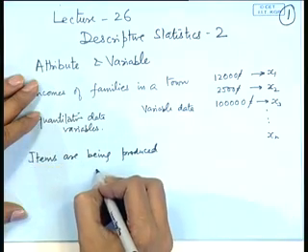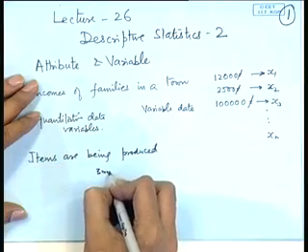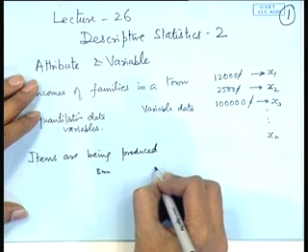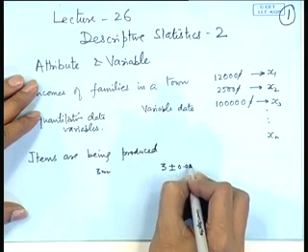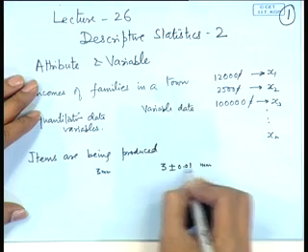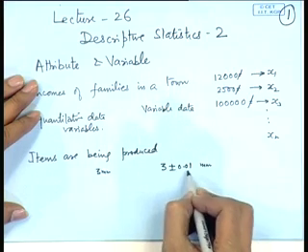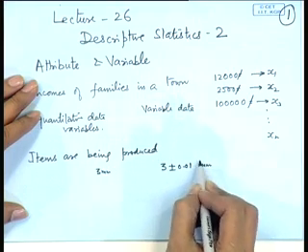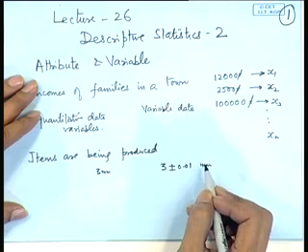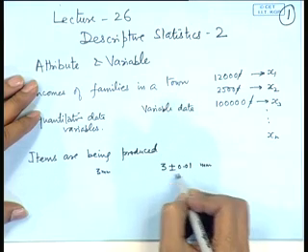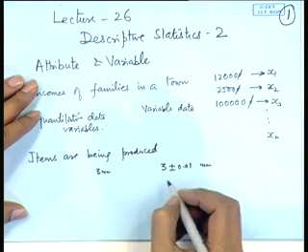For example, if the average diameter is 3 mm, we may specify the limits as 3 plus minus 0.01 mm. So, if a bolt produced has a diameter between 2.99 mm and 3.01 mm, it is considered to be all right, otherwise it is said to be defective.